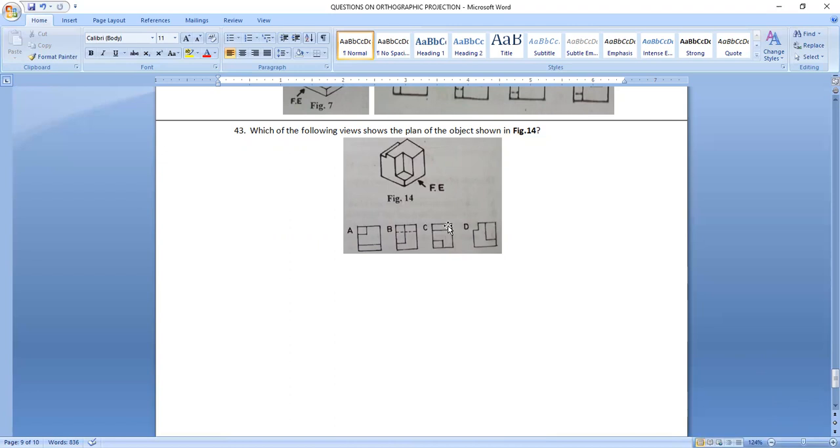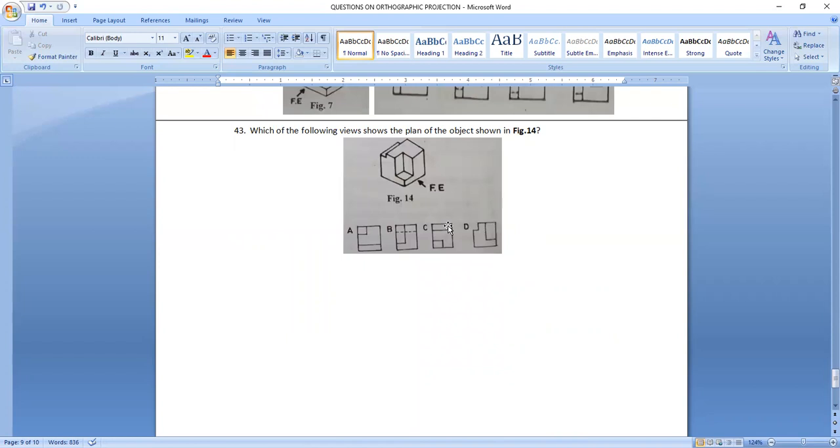All you need to do, as I said, for you to be able to answer these questions as I've done here, is to practice. When it comes to the conversion of isometric view to orthographic views, you need to get yourself accustomed to that, and you need to master it.